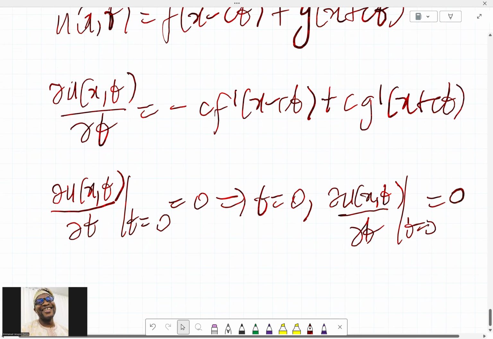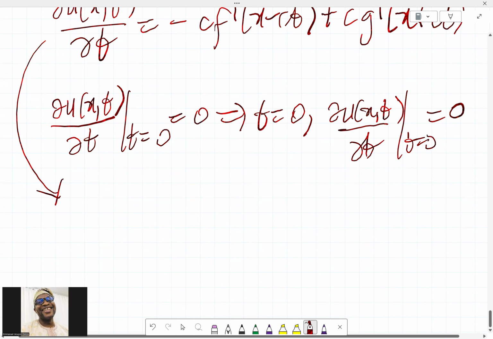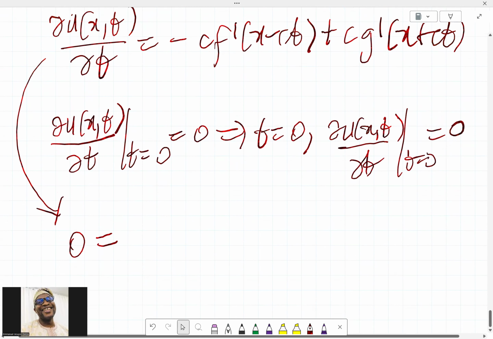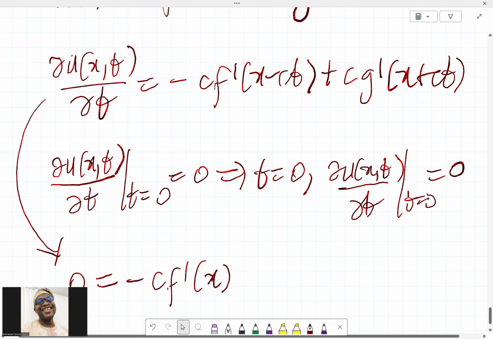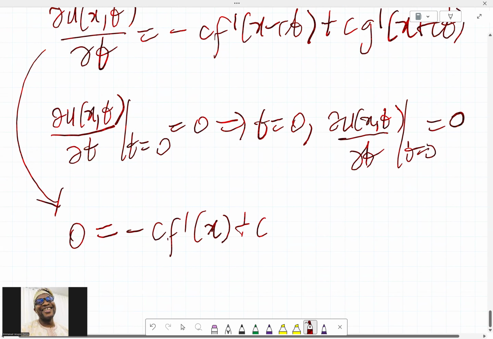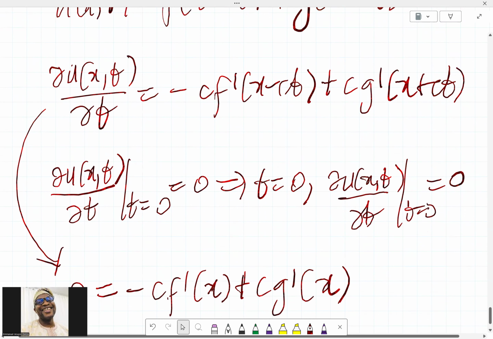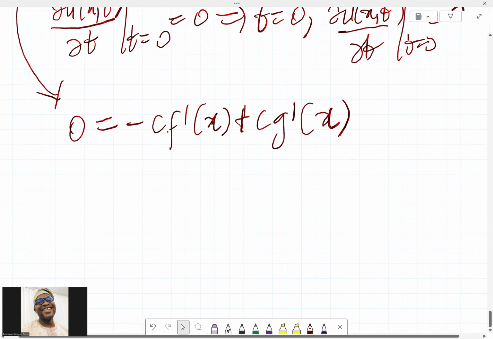If we apply that here, 0 is equal to minus c f prime of x, because t is 0, plus c g prime of x. We can divide through by minus c.